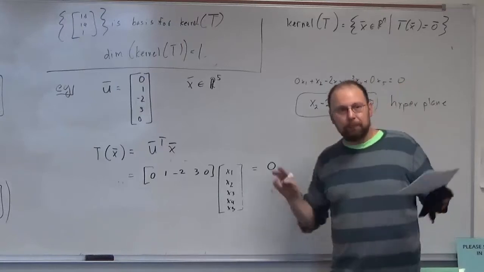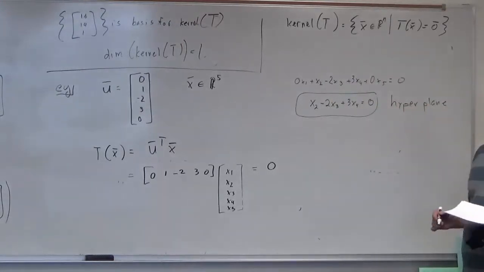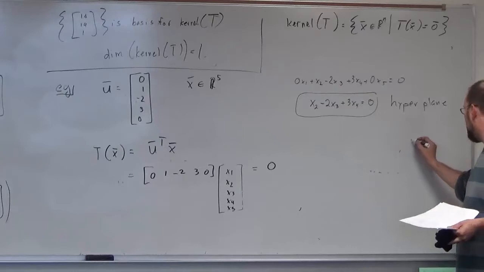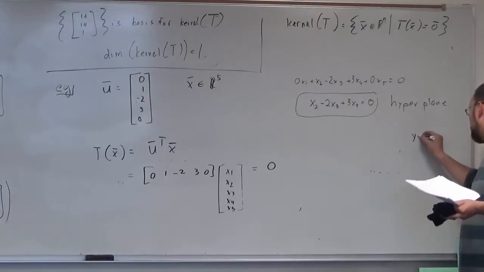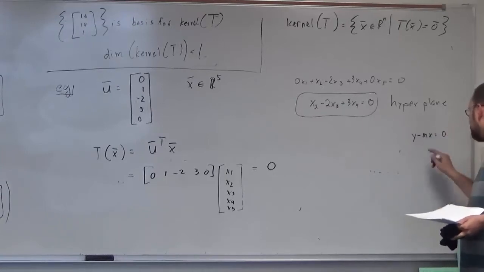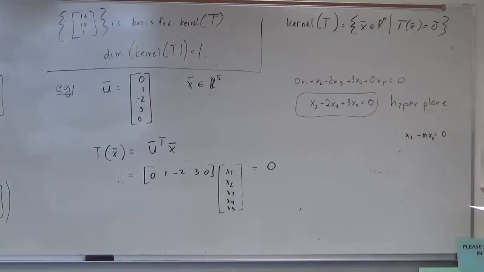So what is a hyperplane in R2? It's a line through the origin. So you can imagine that you have x1 and x2, and you have x2 minus some multiple of x1. That defines a line through the origin, and that's a hyperplane.